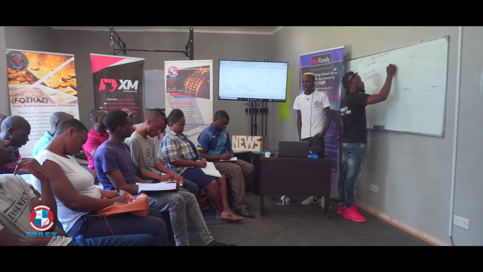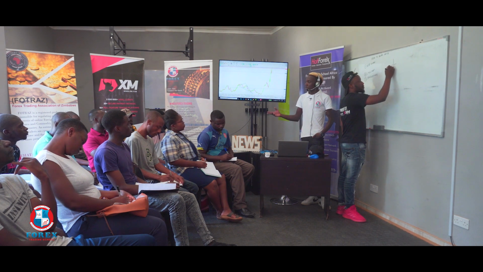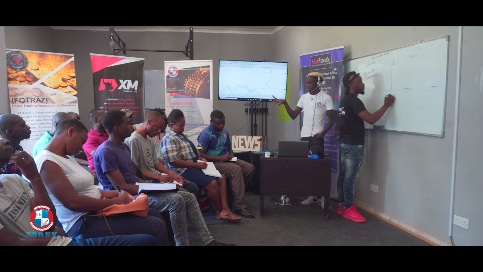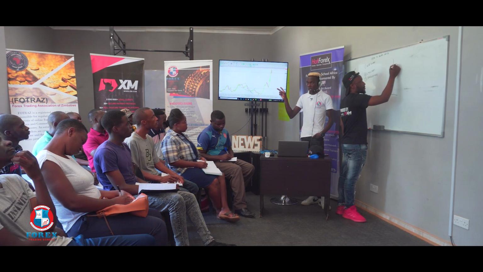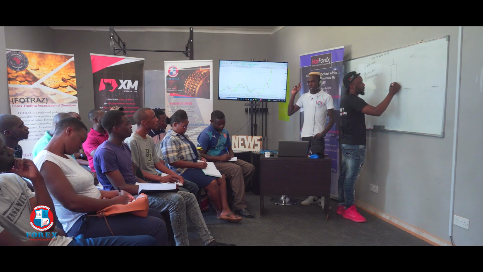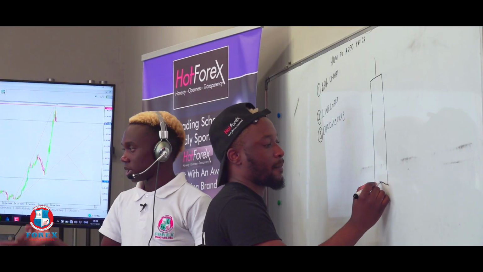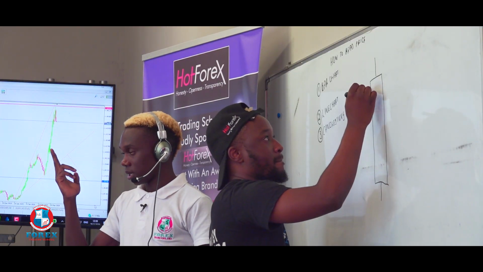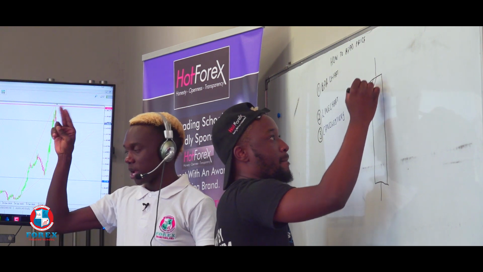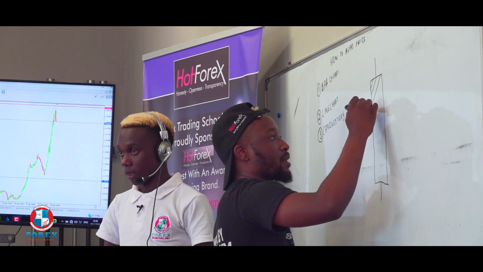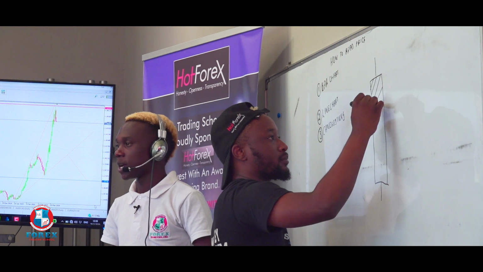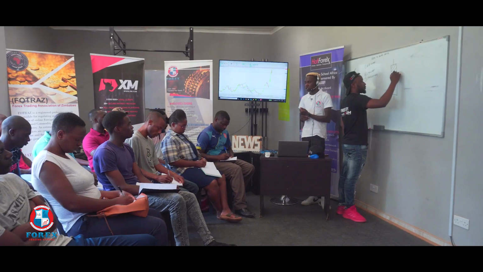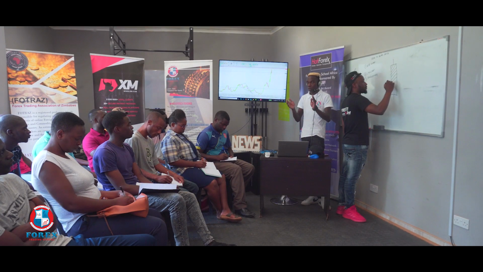I should let you know, the markets are characterized by two: bulls and bears. Bulls are the ones that are responsible for taking the price up. Bears are the ones that take the price down. If someone is bullish on something, they're saying, I'm expecting it to go up.